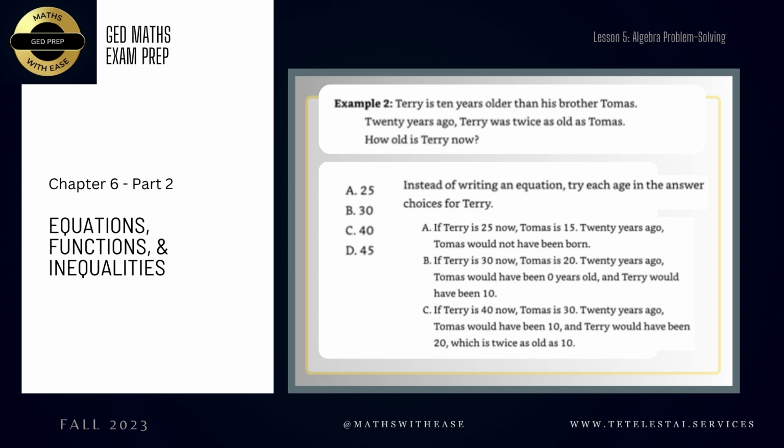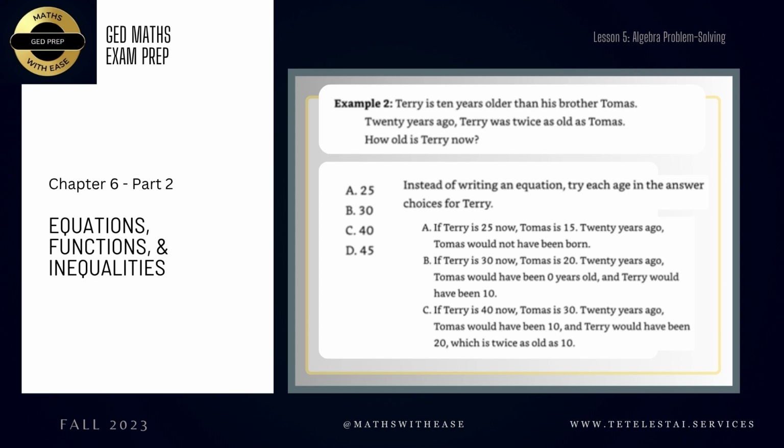So let's try the second choice. 30 simply means that right now, Terry's age is 30. So since they are 10 years apart, that would mean that Thomas is 20 right now. Terry's current age, 30 minus 20 is 10.